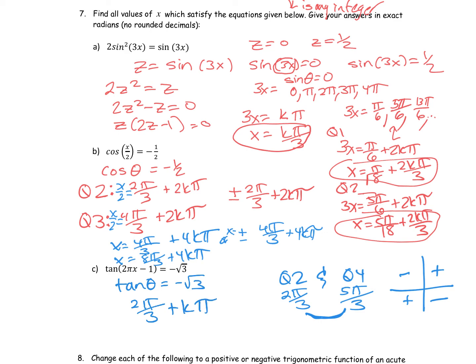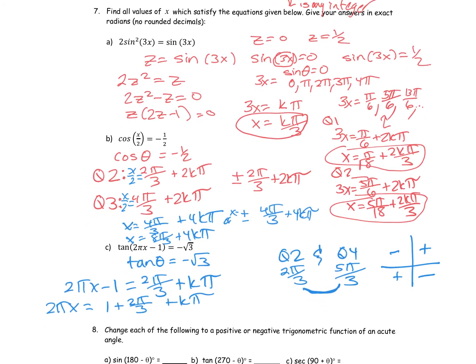And then I'm just setting this equal to what was inside the tangent and solve for x. So the first thing I'm going to do, and this, by the way, is not a very pretty answer, but you just isolate x. So I'm going to add 1. Can't really combine the 1 with the 2 pi over 3. And then I just divide by 2 pi.